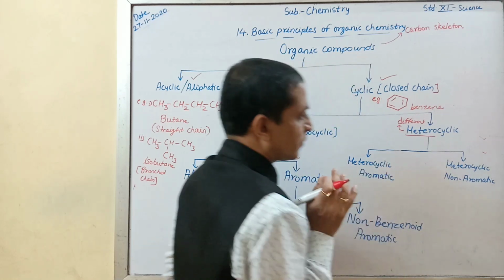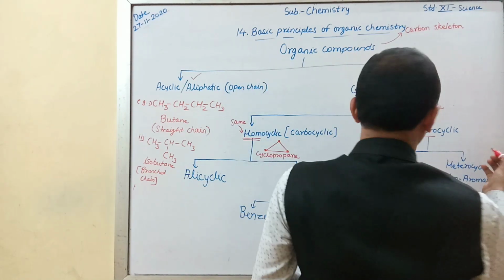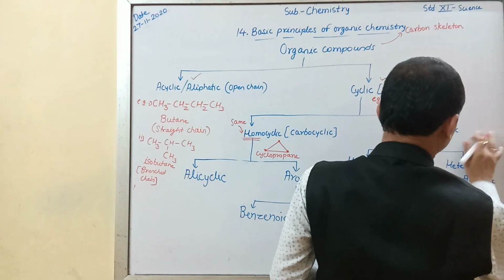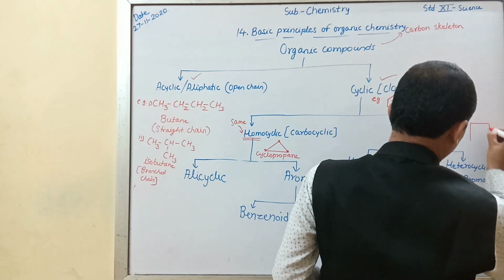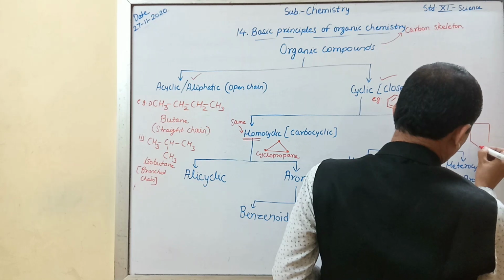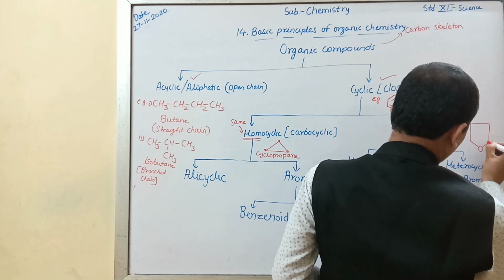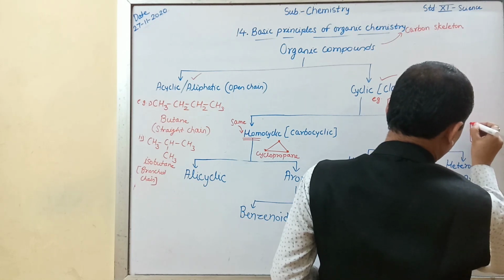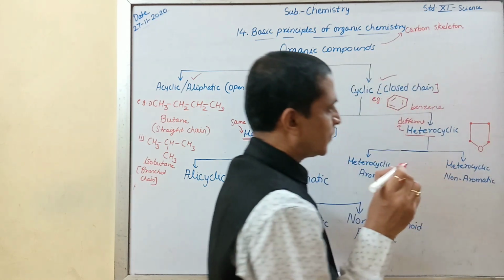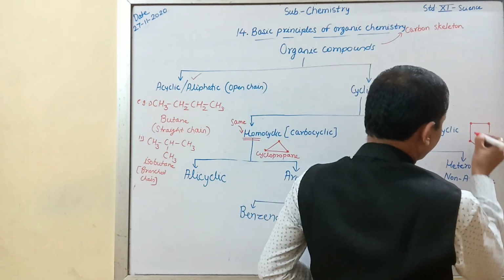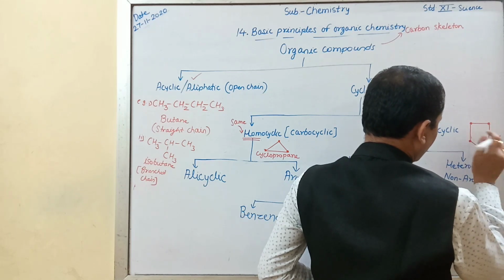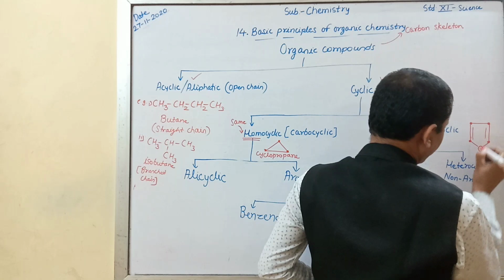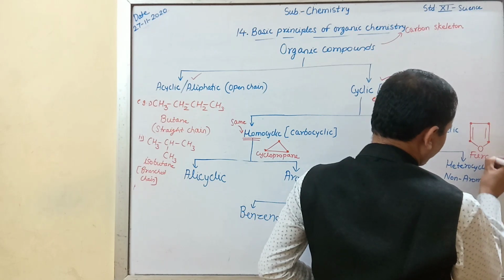Now come to heterocyclic. Here, if I put oxygen, then carbon, carbon, carbon, carbon, and I put double bonds, its name is furan.